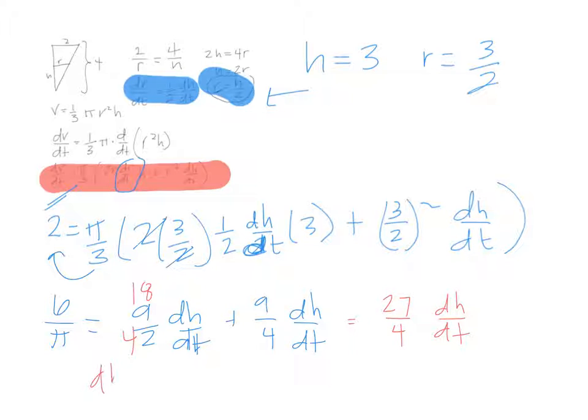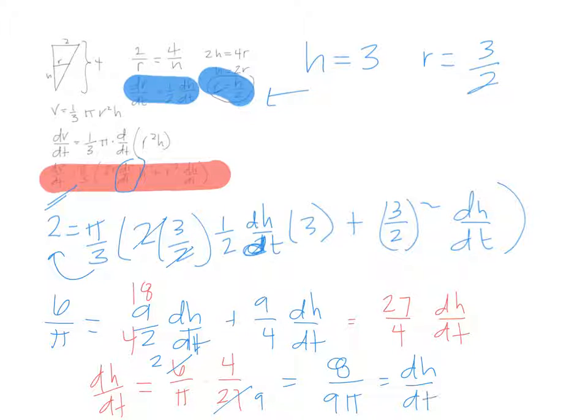So dh by dt, if I isolate it, is going to be 6 over pi times 4 over 27. So I could divide by 3's to get 2 and 9. So that becomes 8 over 9 pi equals dh over dt.